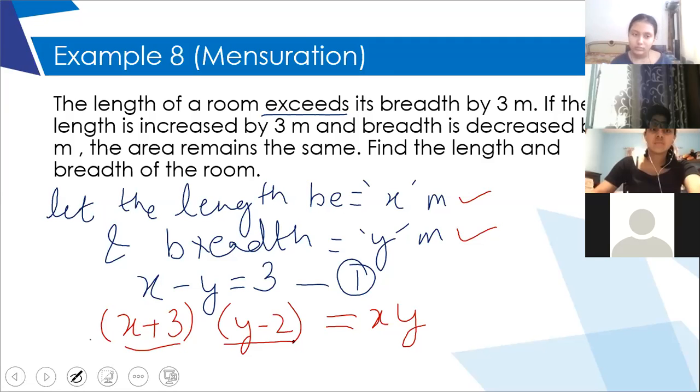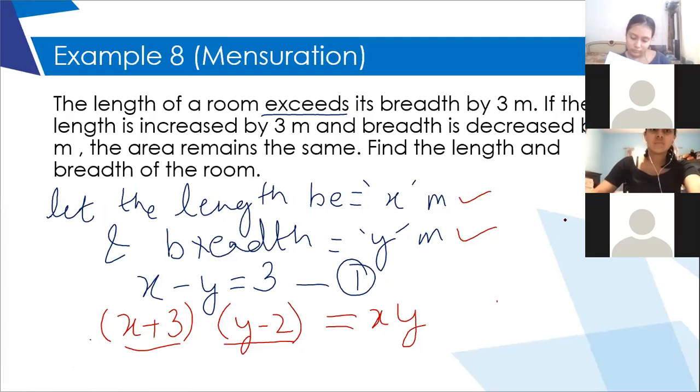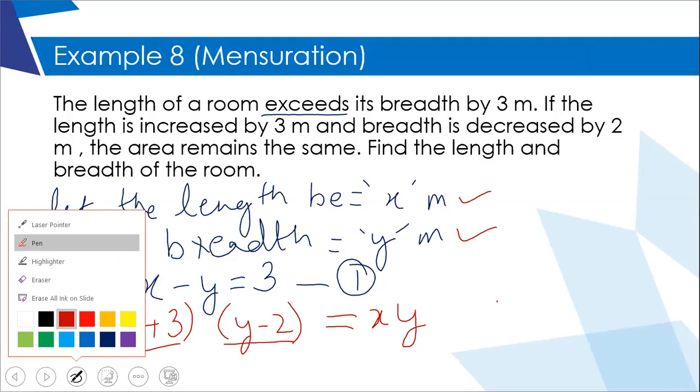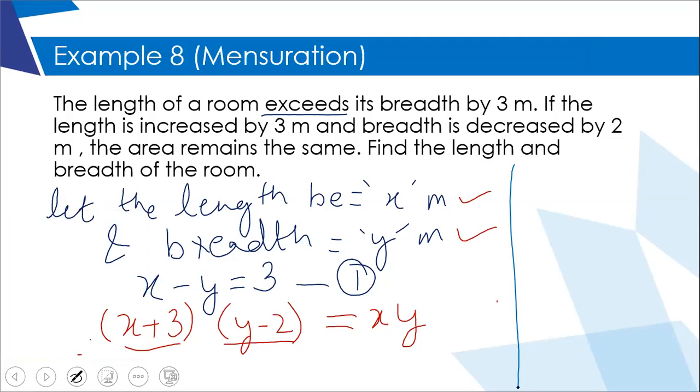Now I'm going to simplify the second equation. First one is already simplified, so you don't have to actually do anything. We will simplify the second one. Just multiply both these brackets on the left side. xy minus 2x plus 3y and minus 6 will be on the left side, and right side will be just xy.